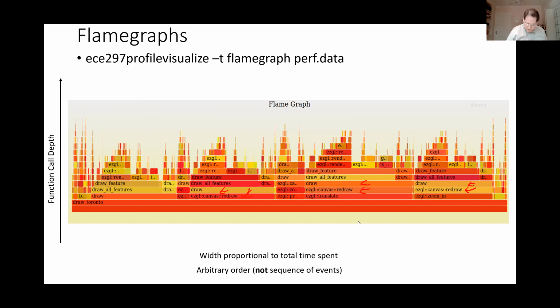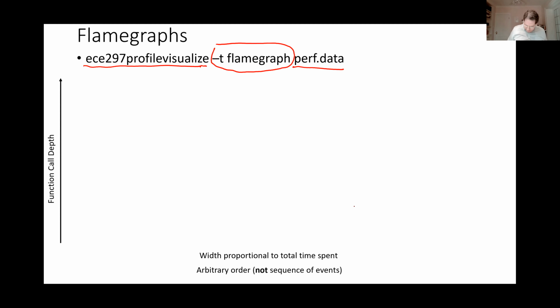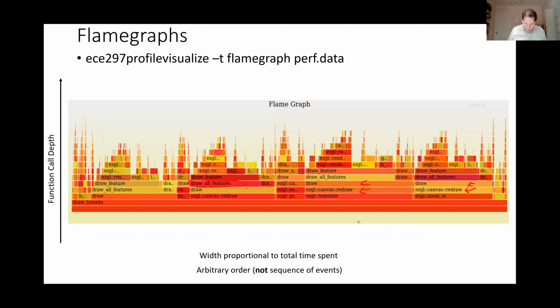Okay. And if you look inside draw, you can see that a lot of its time is in this draw all features routine. And the way you can see that is the width of the bar. So the width of each of these things represents how much time you spend in it, and the stacking represents who called whom.